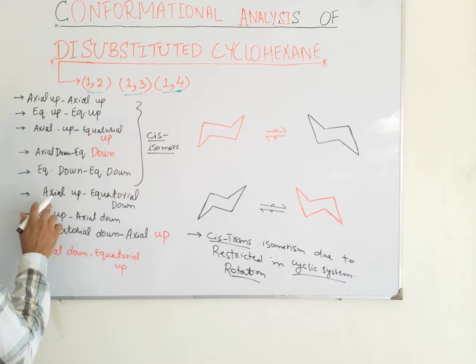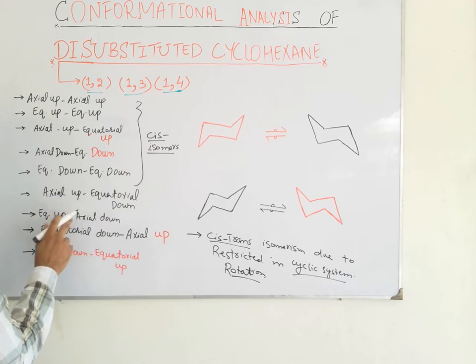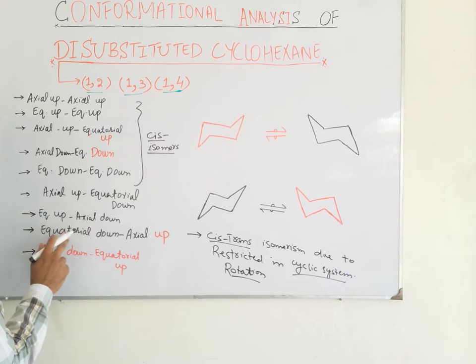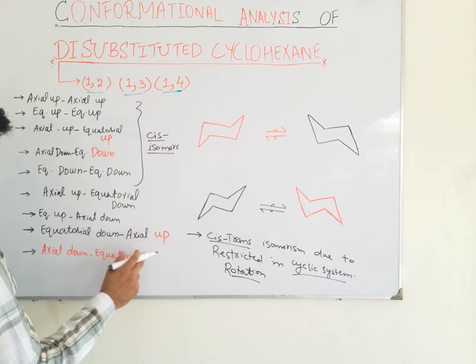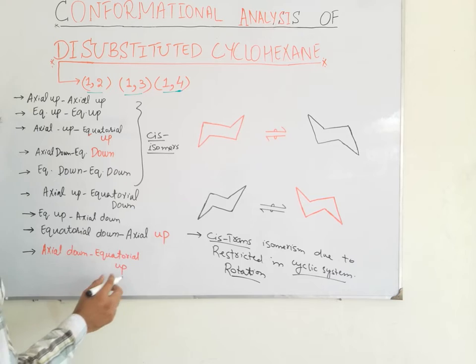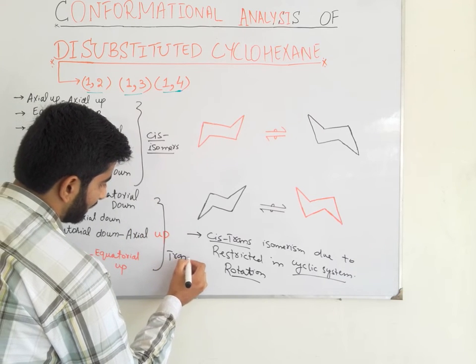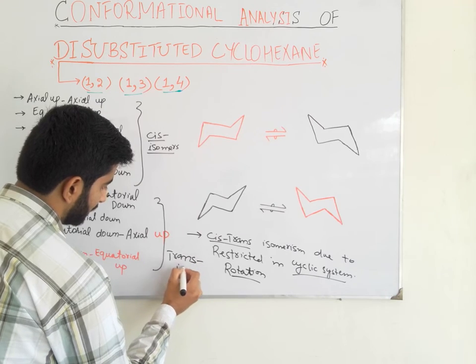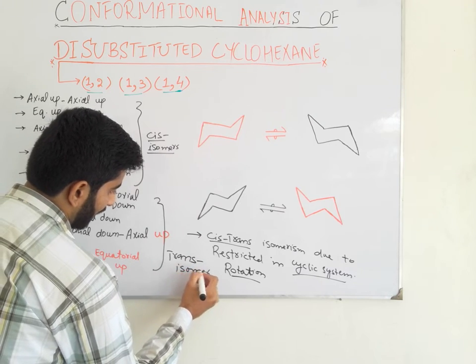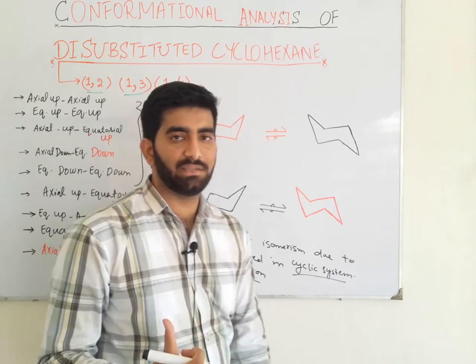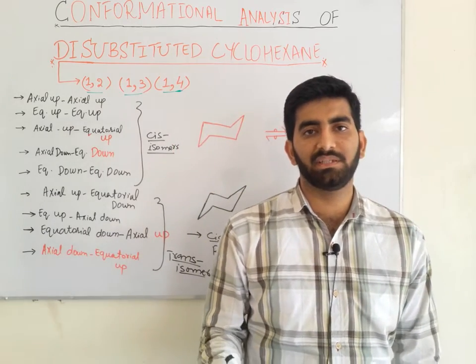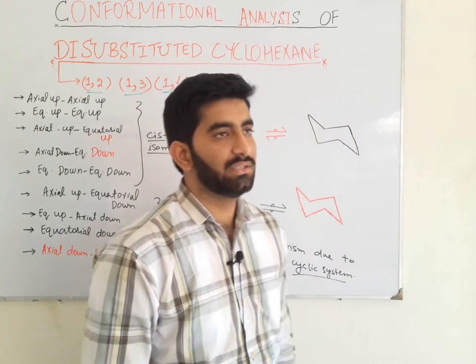And if the bonds are axial up and equatorial down, equatorial up and axial down, equatorial down and axial up, or axial down and equatorial up, then we assign them as trans isomers. They are trans isomers if one group is in the upward direction and the other in the downward direction.